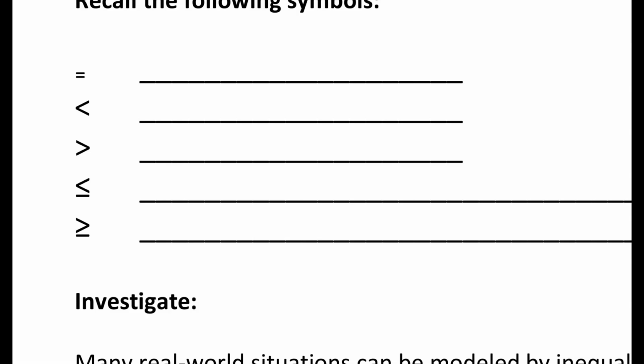Now the equal sign is going to mean equals to. The symbol that is opening up to the right is going to mean less than. The symbol that is opening up to the left is going to be greater than.